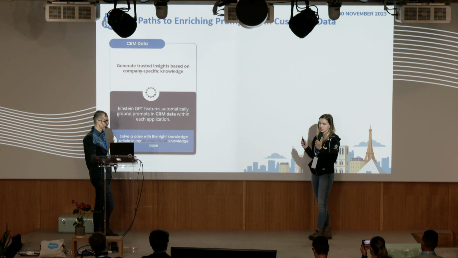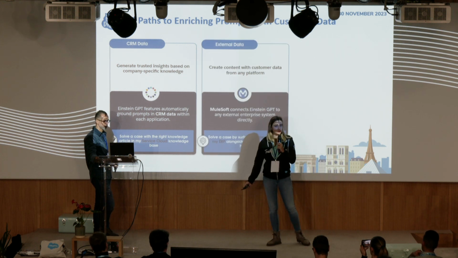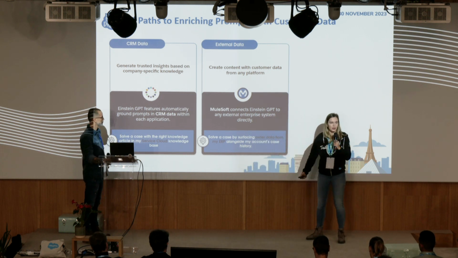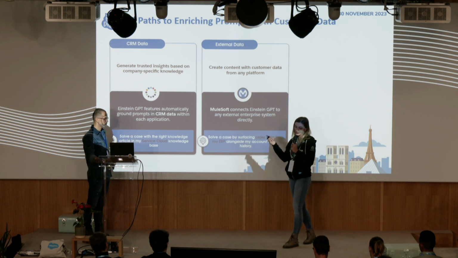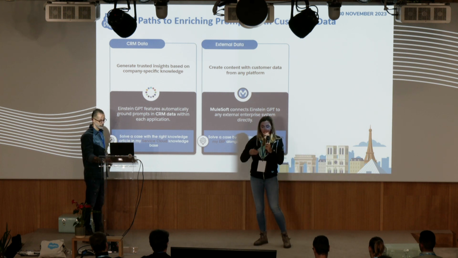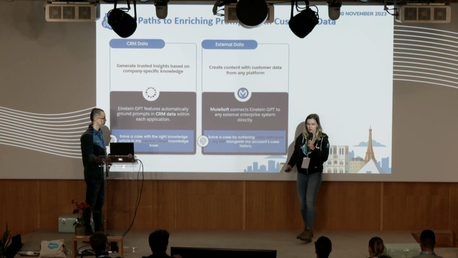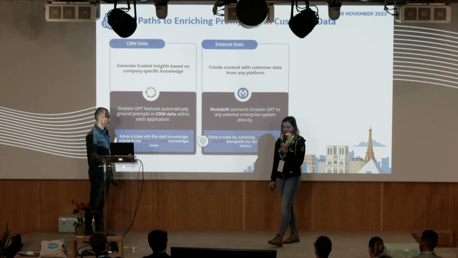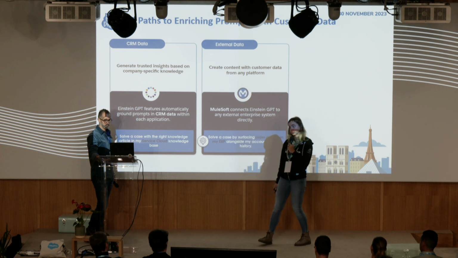Then we have some external data that we can bring in through MuleSoft integration technology. So here, simply said, if you have some ERP and you want this data to be used to enrich your prompts, then you use the power of MuleSoft that will be connected to Einstein GPT and any external enterprise system directly. So that, for instance, you can support the solving of your case with the account's case history.